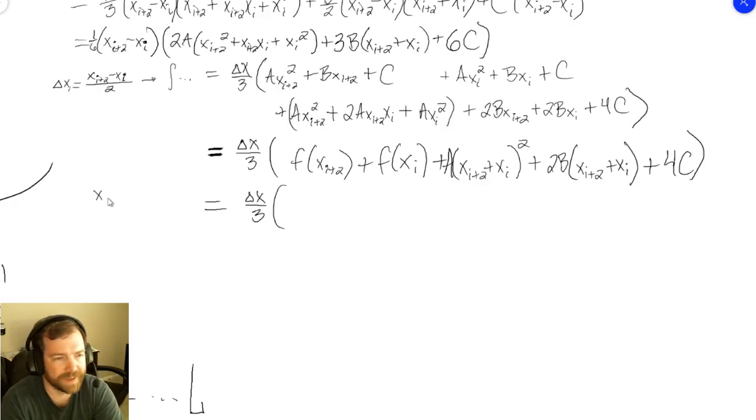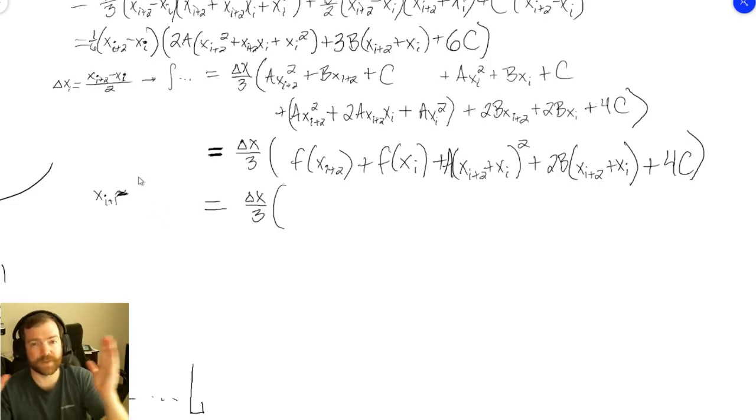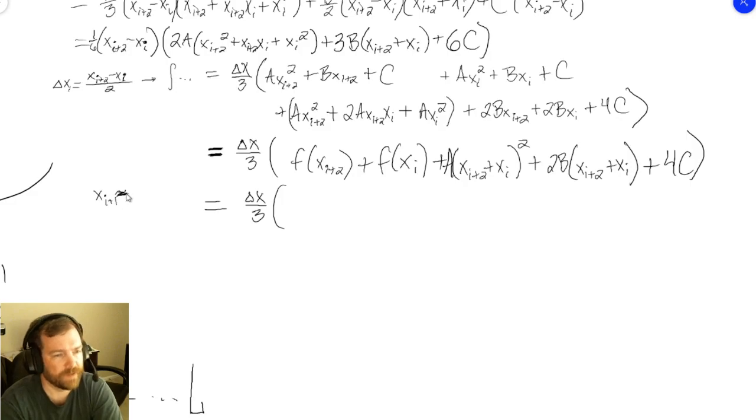X sub i plus 1 is going to be approximately equal to, because technically it's not necessarily going to be equal, but it's going to be really close, and especially if your delta x is really small, it will be very close to equal to the average of x sub i plus 2 and x sub i.